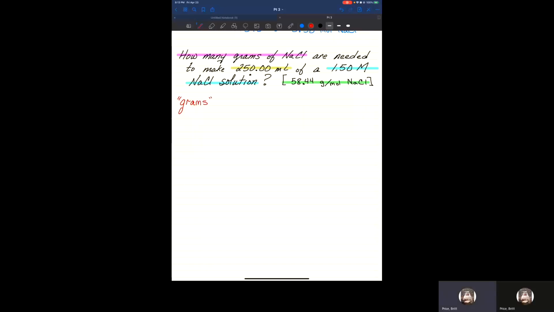So the term grams or just mass means that you will probably need molar mass. So just a little heads up.